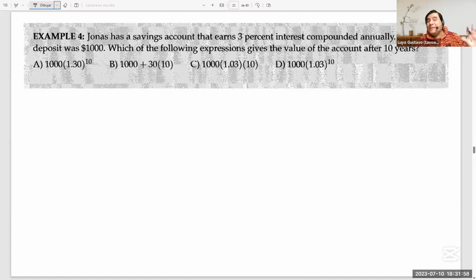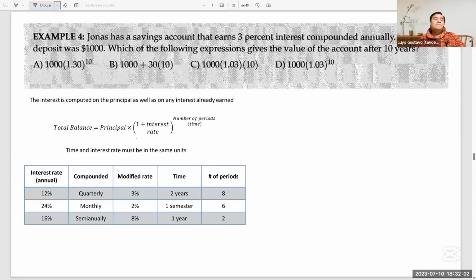How can we deal with this kind of question? Here's a little theory you can apply. When you calculate compound interest for an initial investment amount, let's call that the principal, there is a formula that can yield the total balance. That is the total money you will find in your savings account, including the principal plus all the interest earned by the initial investment.